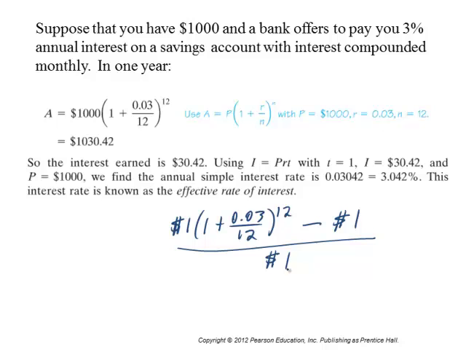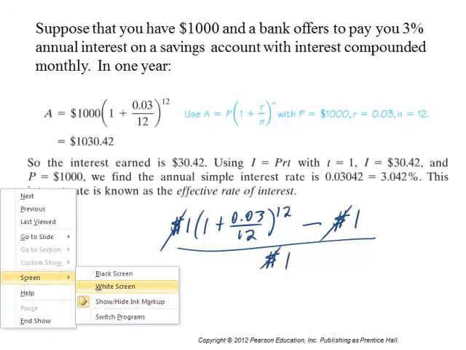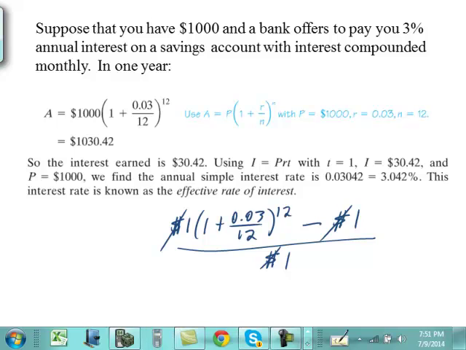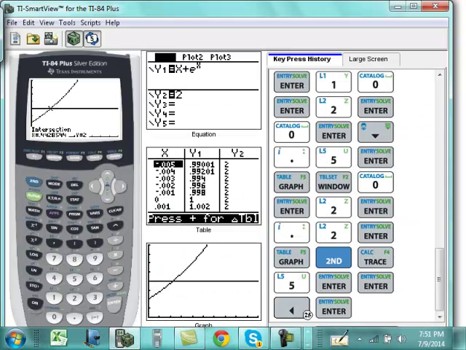But it turns out, of course, when you divide by that $1, the dollar units cancel, and you just are simply doing 1 plus 0.03 over 12 raised to the 12th power minus 1. Let me pull out my calculator. Let's do that calculation on the calculator.